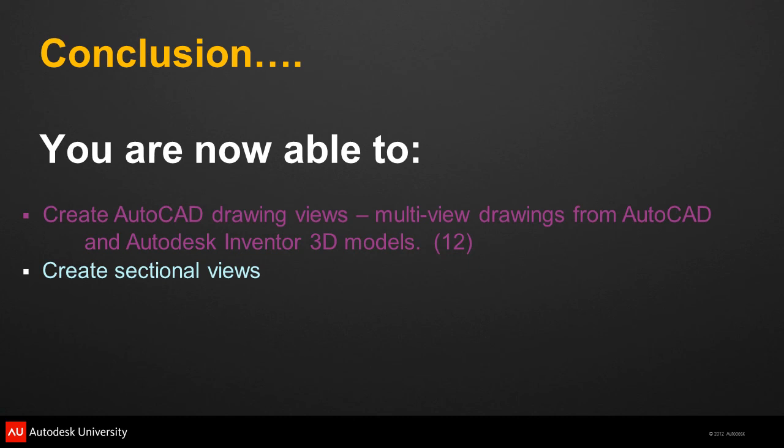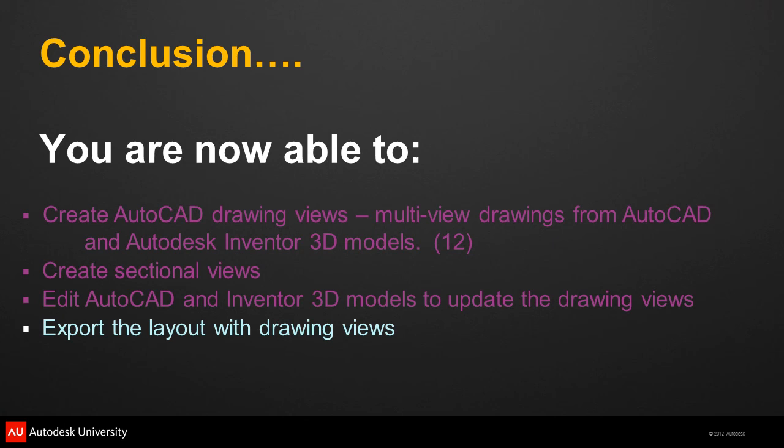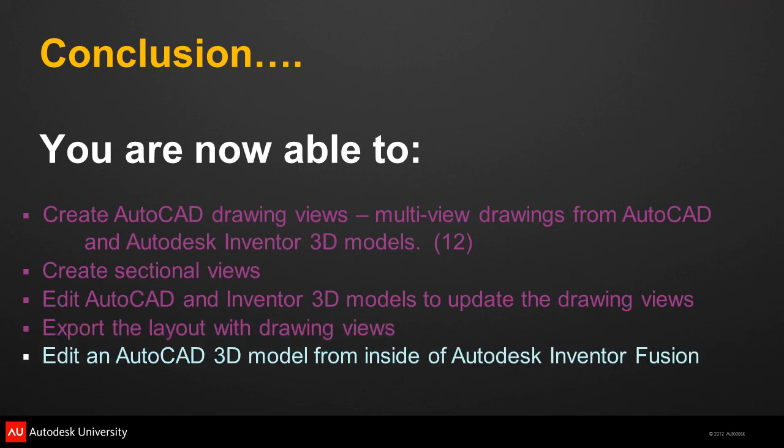You're able to create sectional views and also edit AutoCAD and Inventor 3D models to update the drawing views. We were able to take the drawing views in a layout and export that layout into model space. And the value add for today was to edit an AutoCAD 3D model from inside of Autodesk Inventor Fusion.